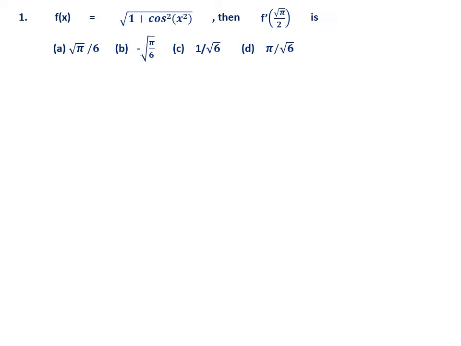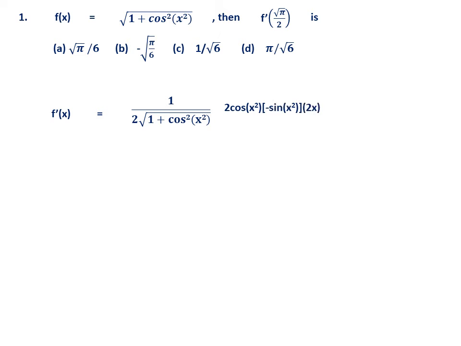Square root is one function. Then 1 plus cos square is another function. x square is another function. So there are three functions, and you should be very careful in differentiating. Using the chain rule, you can write like this: 1 by 2 root 1 plus cos square x square, because differentiation of root x is 1 by 2 root x.